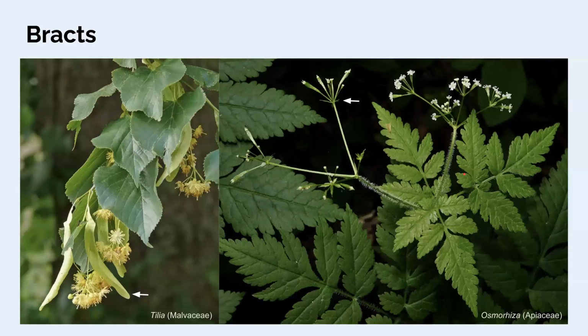As long as we're looking at the flowers in the inflorescence, sometimes there are leaves that are part of the inflorescence. And I mentioned before, there's usually a pretty clean distinction between the vegetative part of the plant and the reproductive part of the plant. And sometimes it's a little bit more of a gradual change.